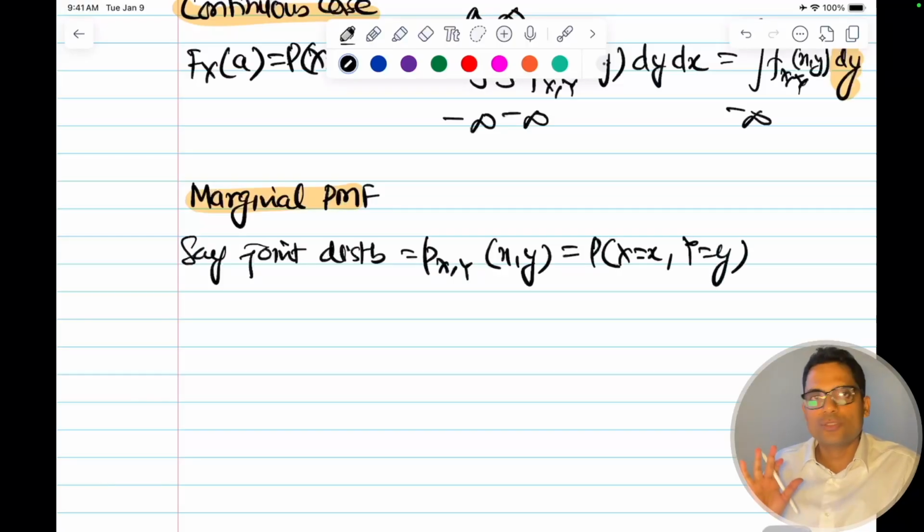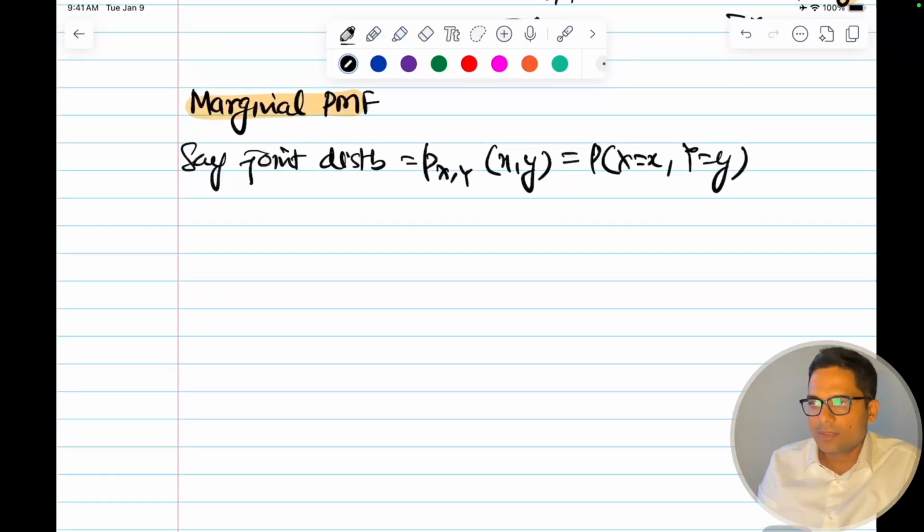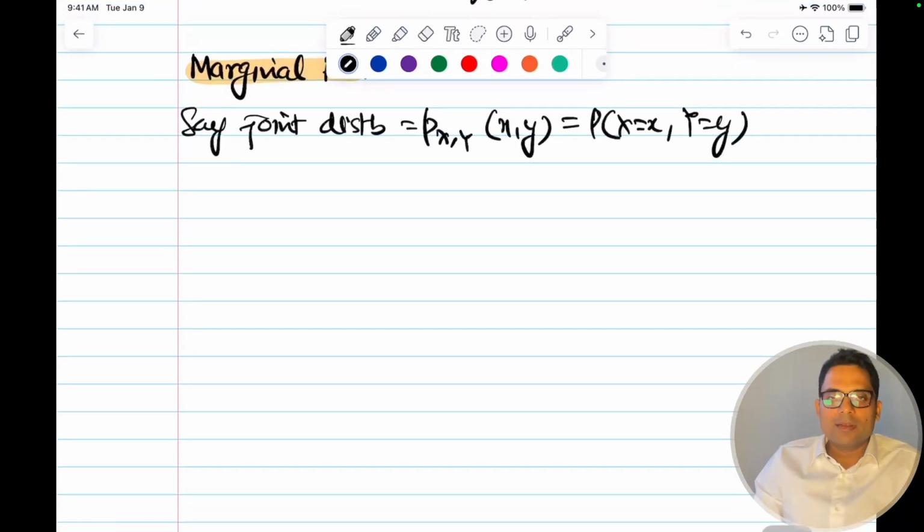This is my joint probability. We have learned the law of total probability earlier, I hope you remember, when we were doing conditional probability. So let me explain again with the help of that. So we have the joint probability.